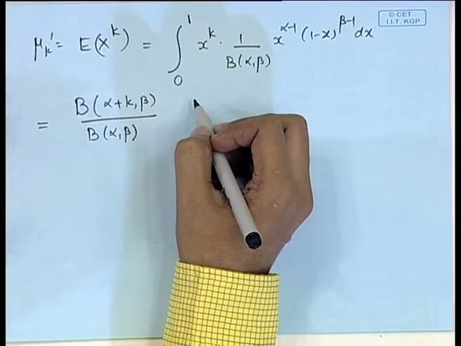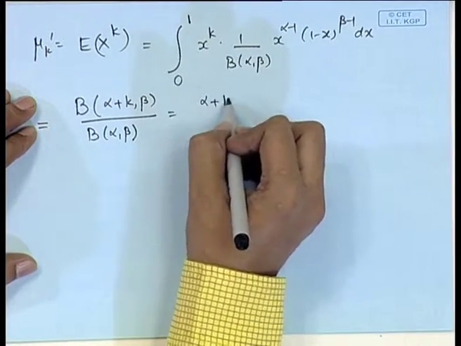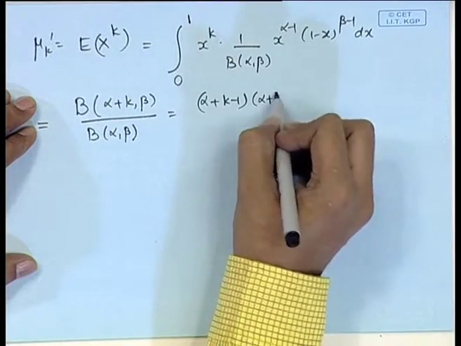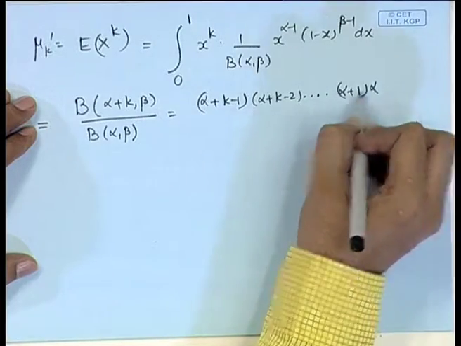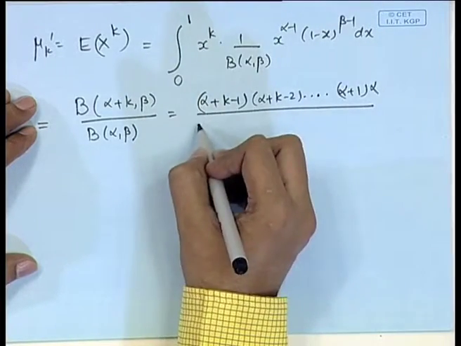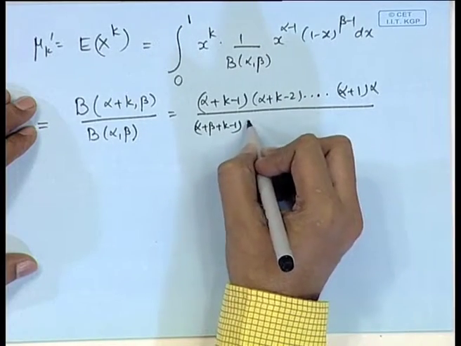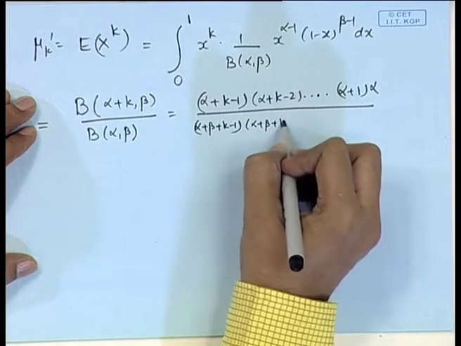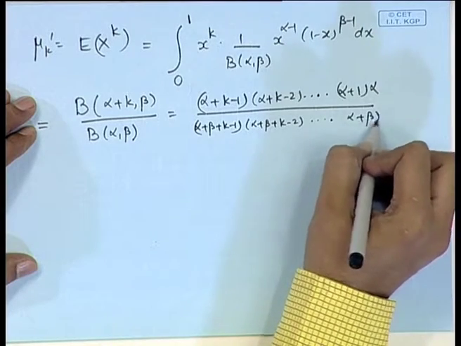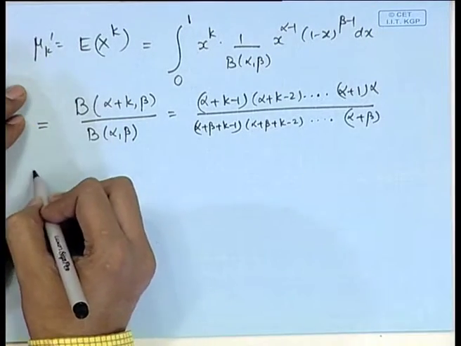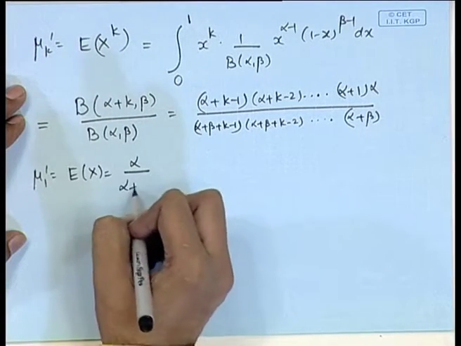This can be simplified and we get the expression as alpha plus k minus 1, alpha plus k minus 2 and so on up to alpha plus 1, alpha, divided by alpha plus beta plus k minus 1, alpha plus beta plus k minus 2, and so on up to alpha plus beta. So, if we calculate the mean of this distribution, it is simply alpha by alpha plus beta.